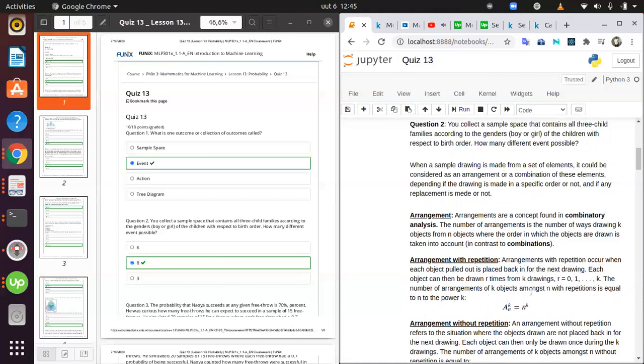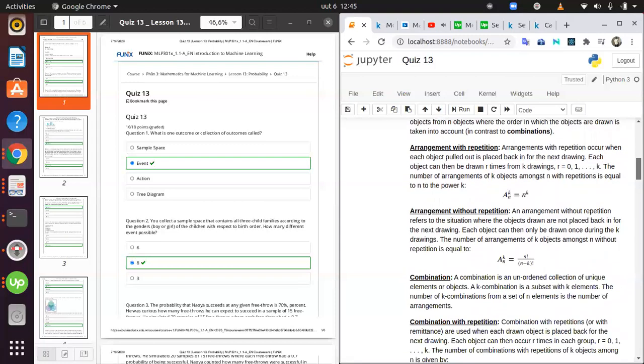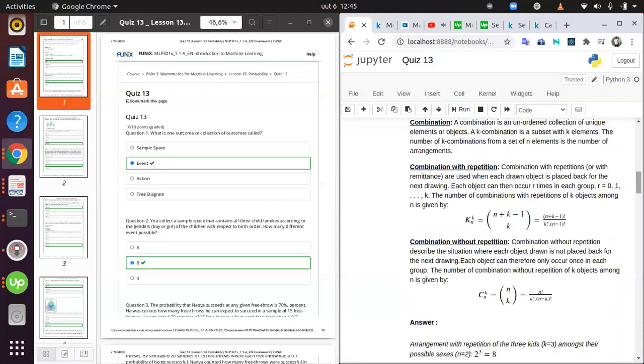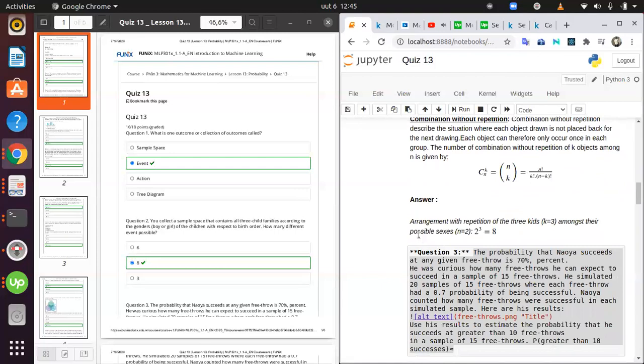In our case, our n is 2, and our k is... can you help me write it down on the annotation? Arrangement with repetition of 3 kids amongst the possible sexes, which are 2, boy or girl. So that gives 2 power 3.